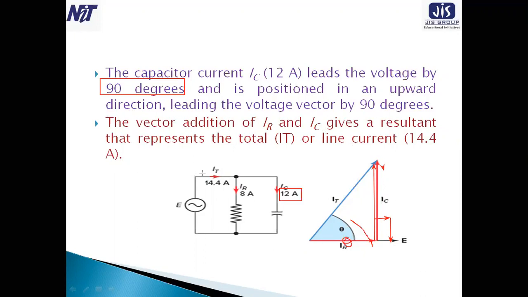The line current here is 14.4 ampere. So using the phasor diagram, we can easily identify the currents. If you have the currents across any two of the resistor, inductor or capacitor, we can easily calculate the other one using this phasor diagram.